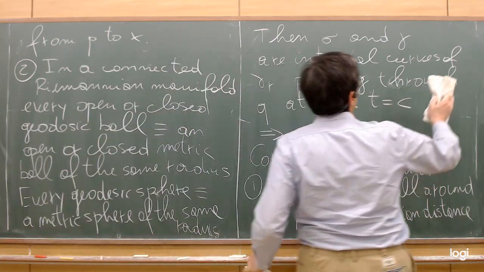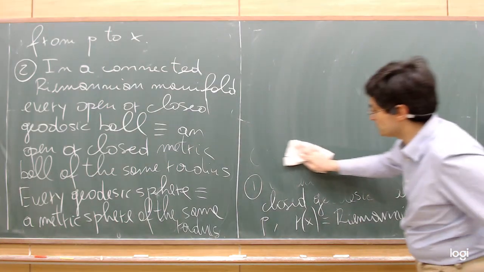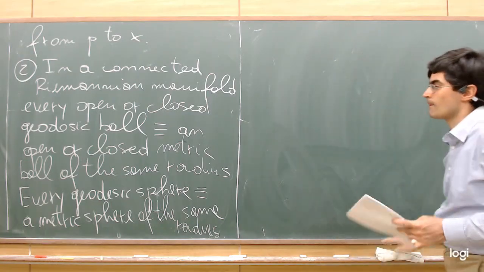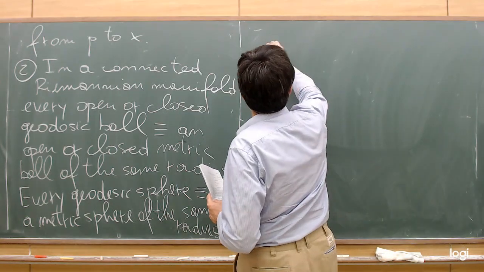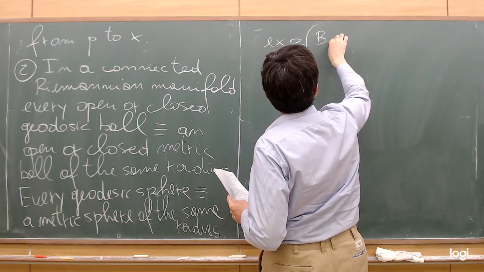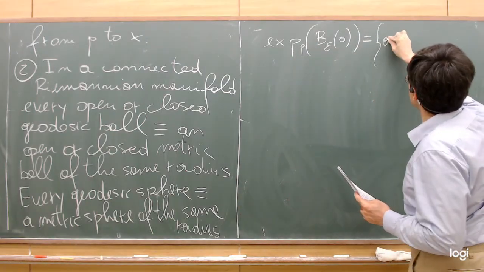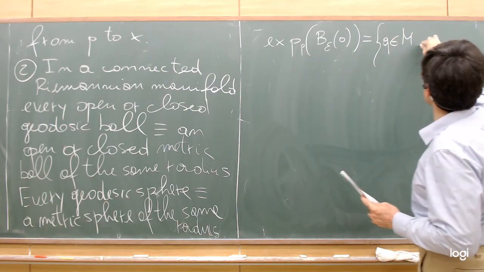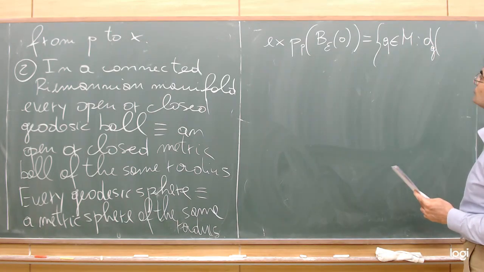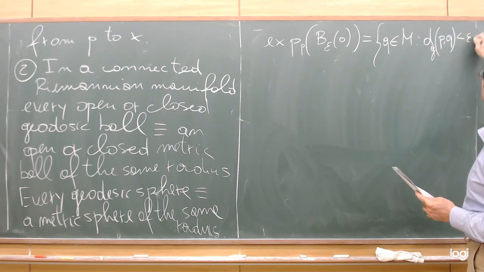The meaning of this second corollary is the following. This says that exp of B epsilon 0, this is a set of points in M such that the distance with respect to the metric g between P and Q is smaller than epsilon.